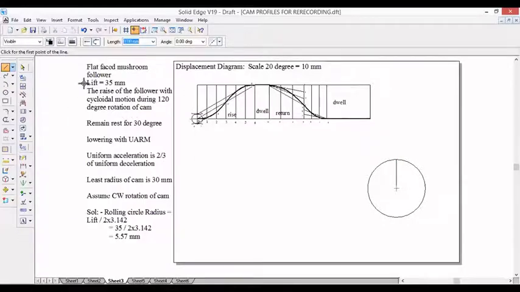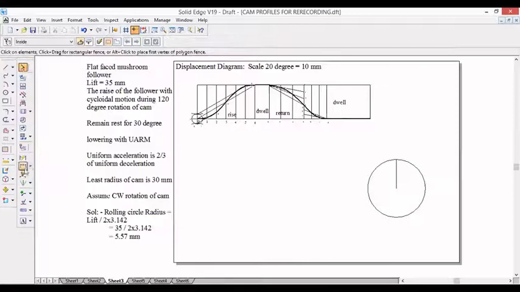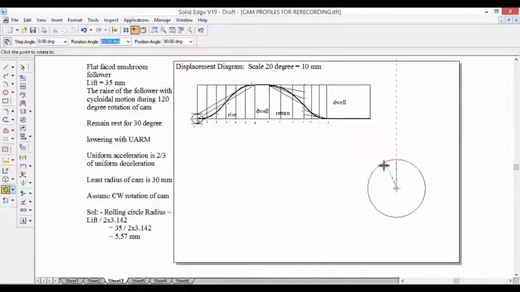Measure the angle. The first angle is 120 degree. So take protractor, keep protractor on this vertical line and measure 120 degree. And further, once again you keep protractor on this reference line.